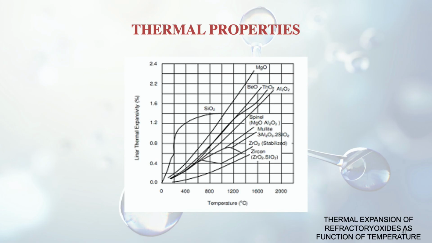On the x-axis you have the temperature and on the y-axis the linear thermal expansivity. For most of the materials, as discussed earlier, the graph is somewhat linear. Only SiO2 doesn't have a linear type of change. Otherwise, most of them have a linear change, like MgO and Al2O3. So this is what we see from this graph.